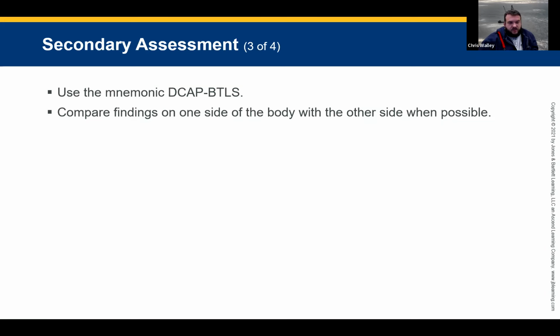Okay. So you're going to compare the findings from one side of the body to the other. Remember the different planes, the left and the right. It's the same thing on the front and the back. You DECAP BTLS every part you do: the head, the face, the chest, the abdomen, the arms, the pelvis, the legs, front and back of all of that. You check for all, and it's easy.